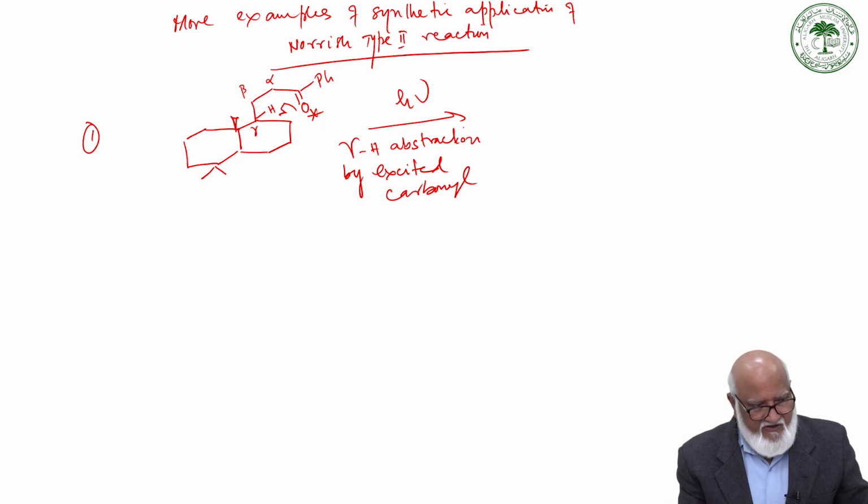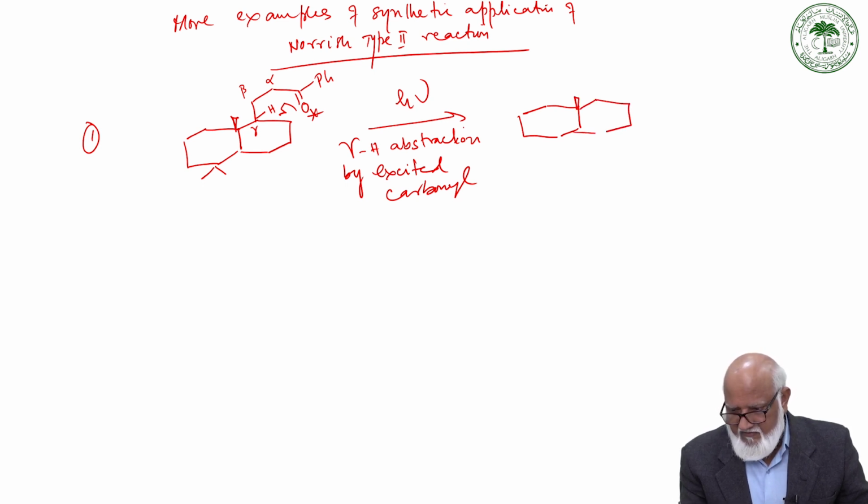So we end up with a product. We get a 1,4 diradical. These are bridgehead methyl groups.